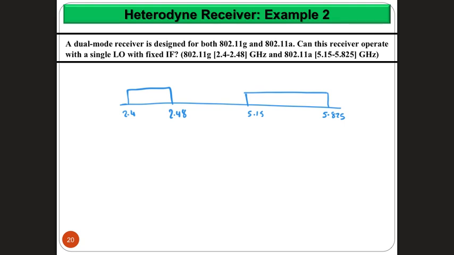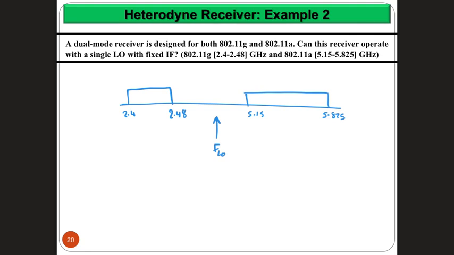And if I choose my local oscillator to be somewhere here in the middle between them, this is my local oscillator frequency. The question is, is this possible, to use one intermediate frequency demodulator for those two technologies in one heterodyne receiver?